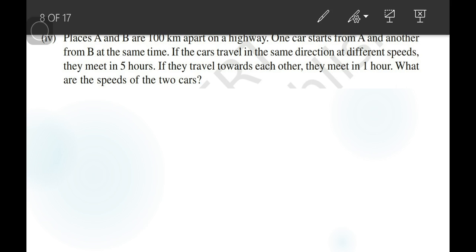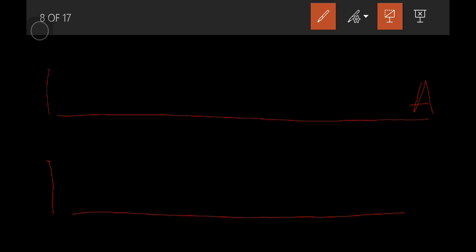So let here be the given problem. It is place A and it is place B. Now one car, it is car A, and it is car B. Now they both start at the same time.